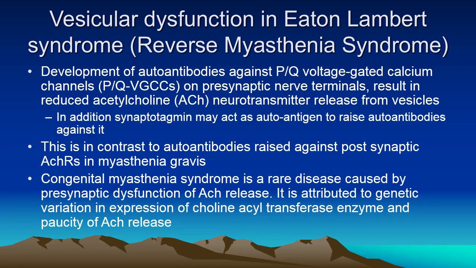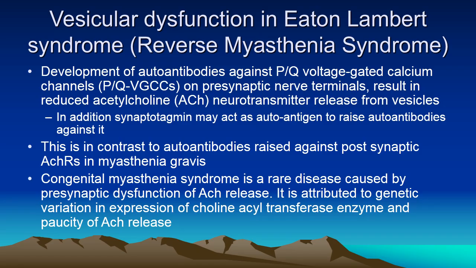In addition, synaptotagmin may act as an autoantigen to raise autoantibodies in this disorder. This is in sharp contrast to the development of autoantibodies against postsynaptic acetylcholine receptors in myasthenia gravis. So it is different and is called reverse myasthenia because of its clinical manifestations.